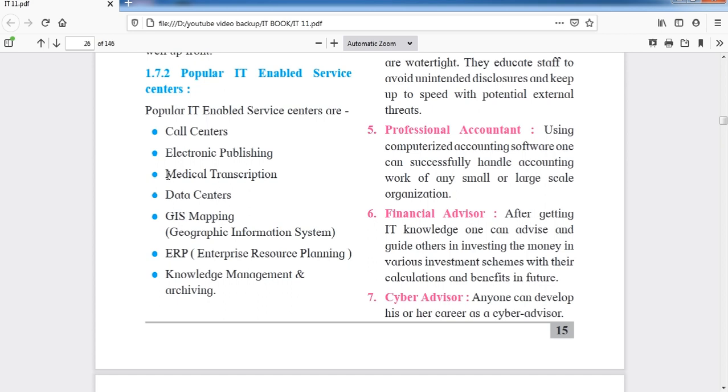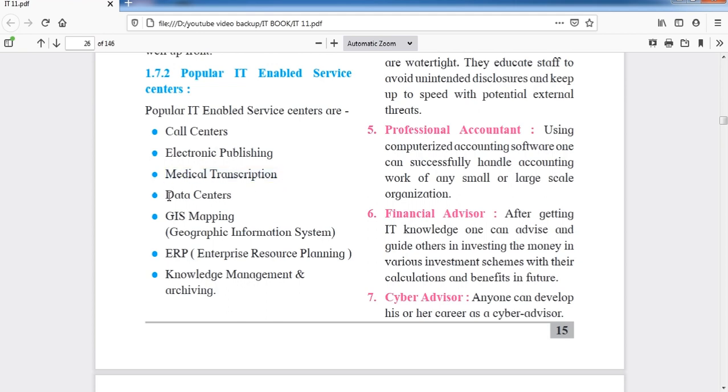There are many electronic devices in the hospital which can be used to generate data. If there is a machine in the hospital that records our heartbeats, that is the use of IT in medical transcription.